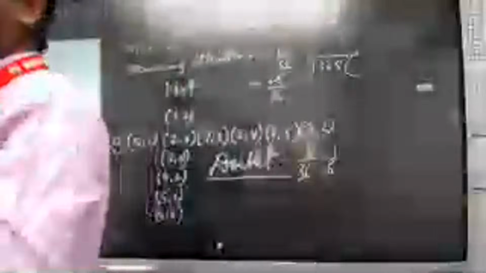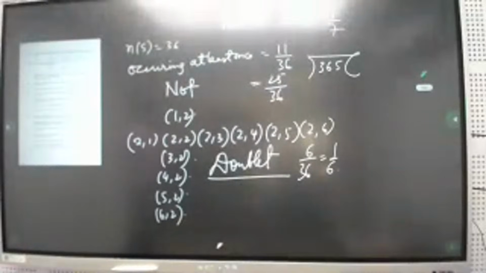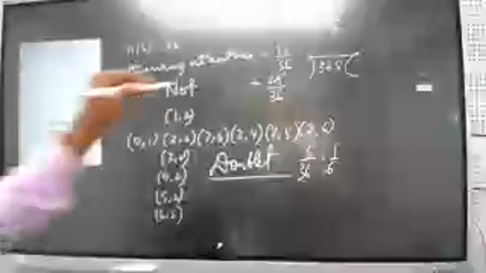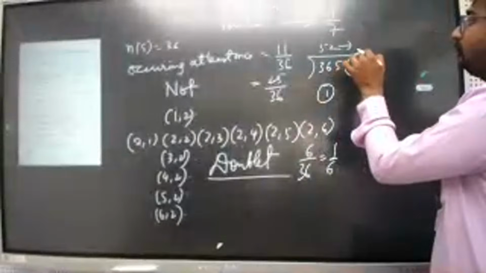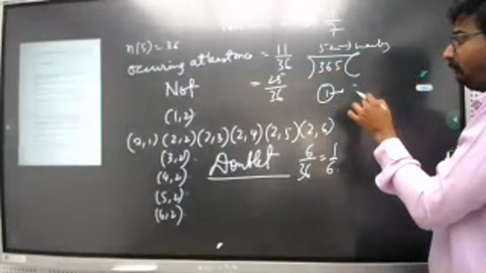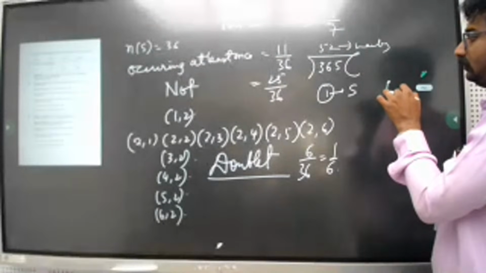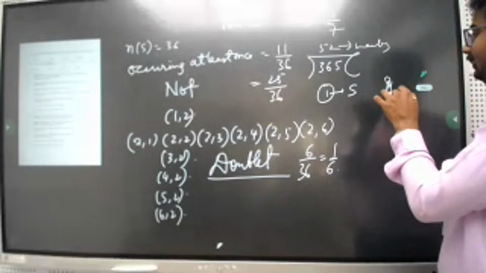Division, with 7, because 1 week has 7 days. When you divide 365 by 7, your quotient will be 52, and the remainder is 1. These are 52 weeks, and this one extra day may be any day from Sunday to Saturday.